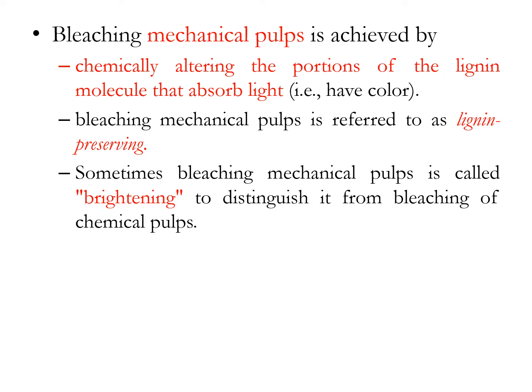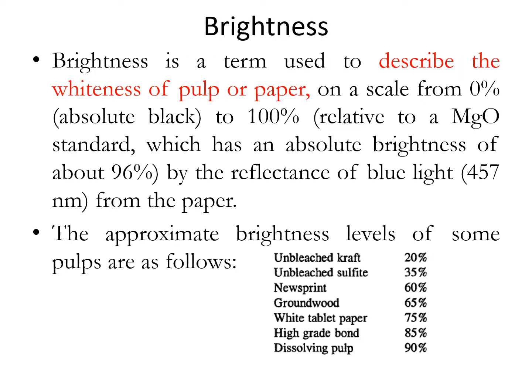This is called brightening to distinguish it from the bleaching of chemical pulps. In the previous slide we learned that the mechanical pulp bleaching process is also called brightening because it doesn't remove the lignin, rather it alters the lignin to get the brightness.